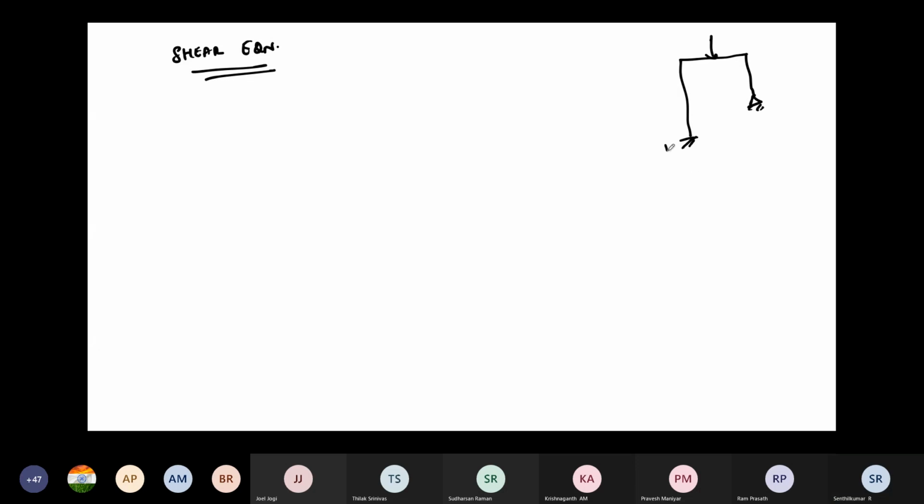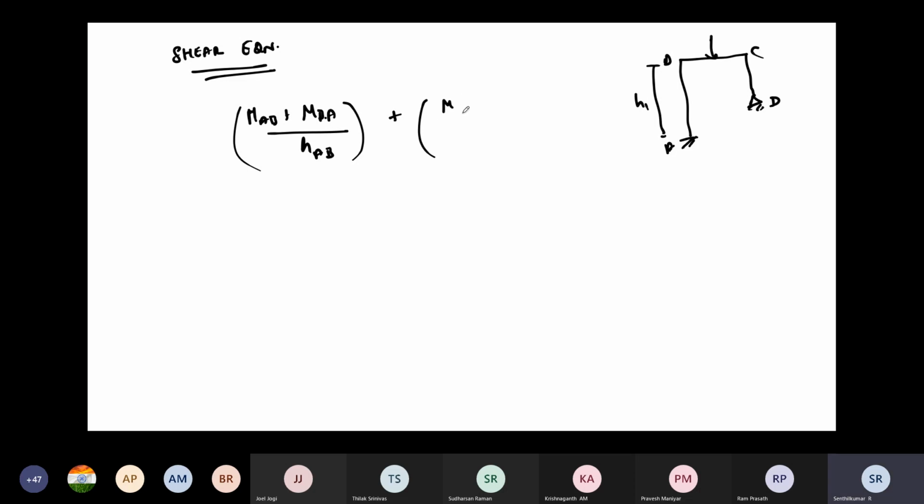For this member AB, it will be MAB plus MBA divided by H1, the height of the column AB, and then plus MCD plus MDC divided by HCD. Then any other things? No lateral horizontal loads, so sigma H equal to 0. This is your direction, this is your HA and HD.